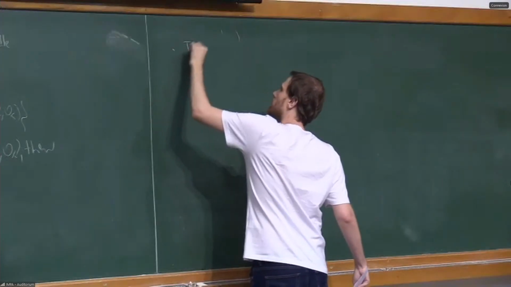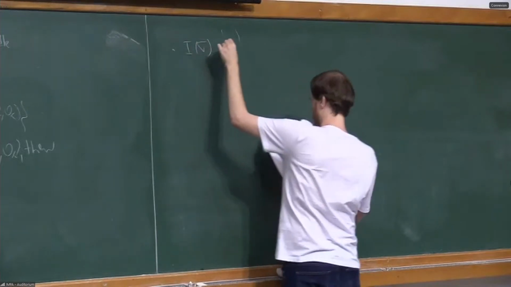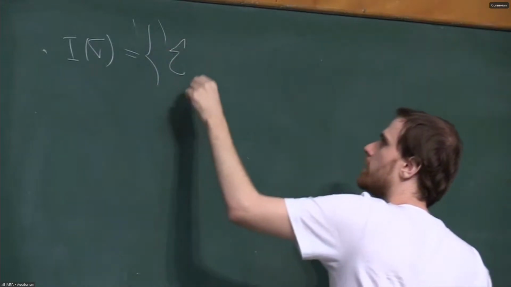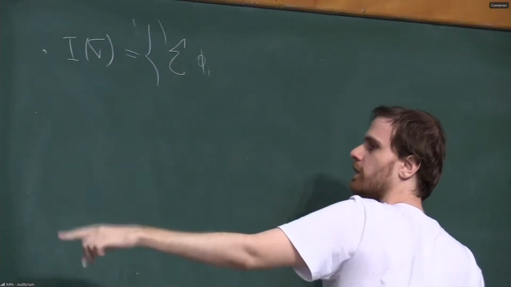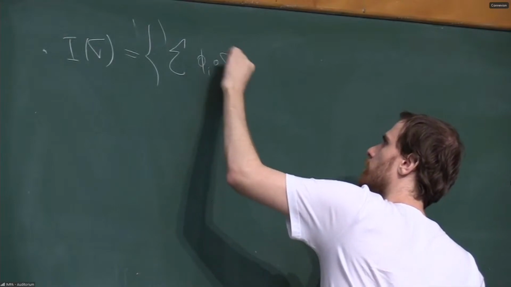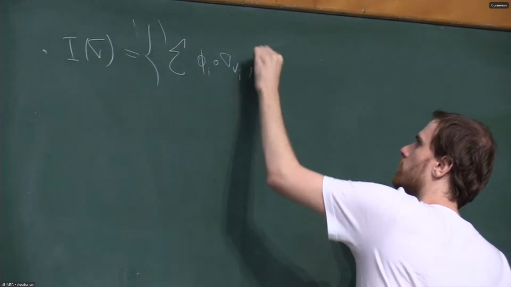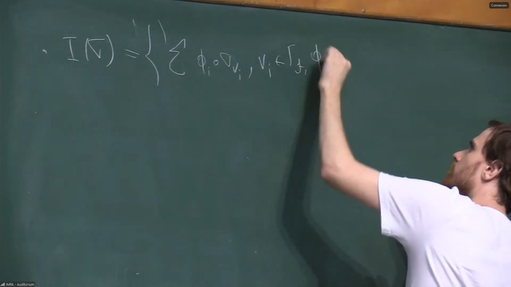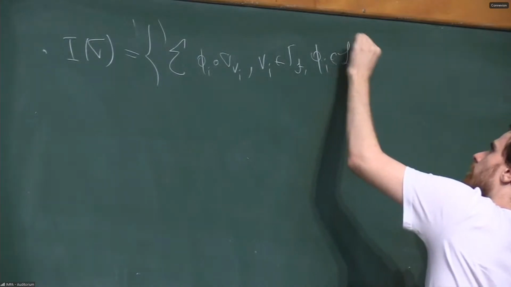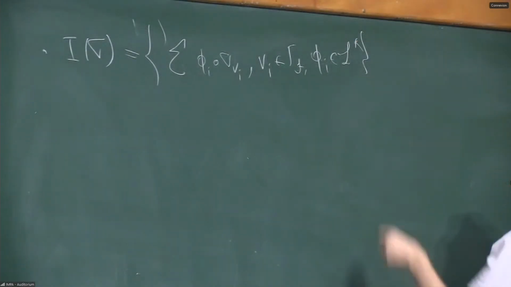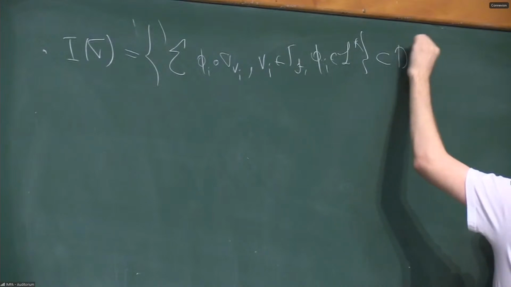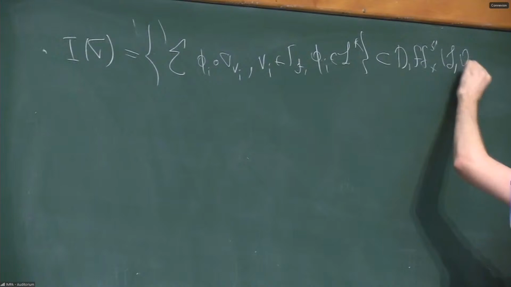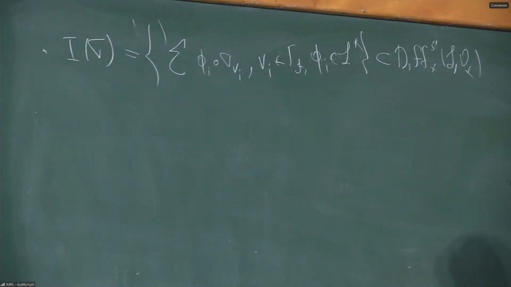We define the submodule of sections like compositions of O_X morphisms with derivations in vectors of the tangent of the foliation. Okay, so we take this inside the sheaf of differential operators.